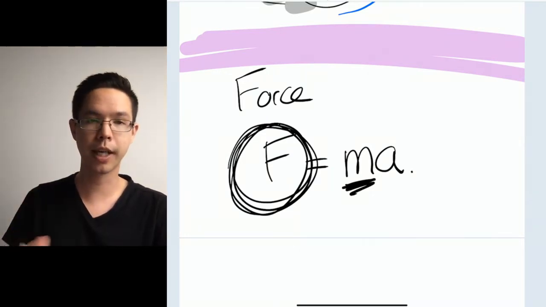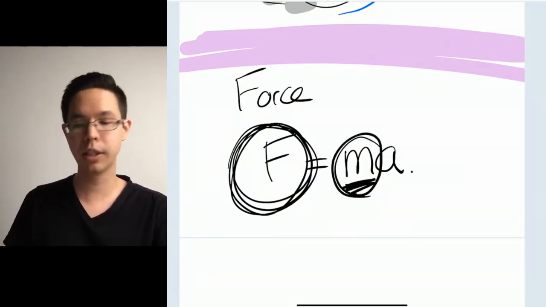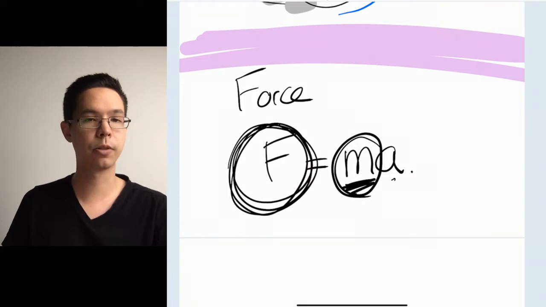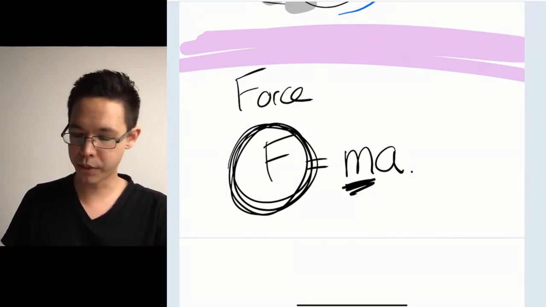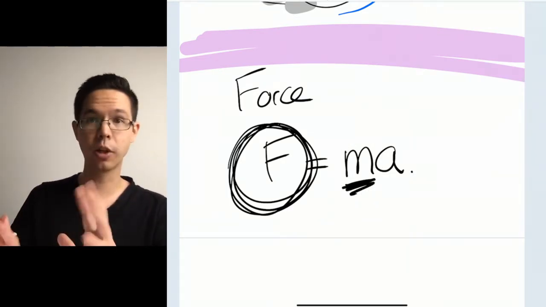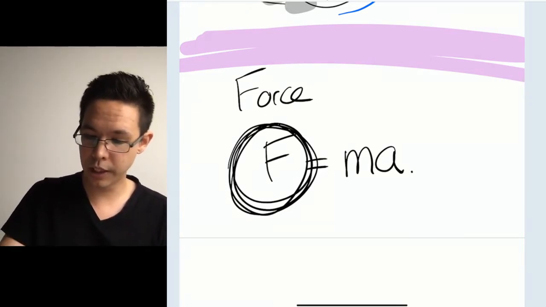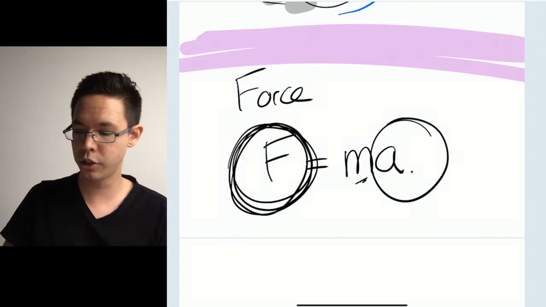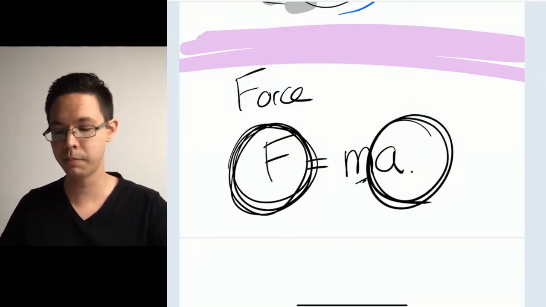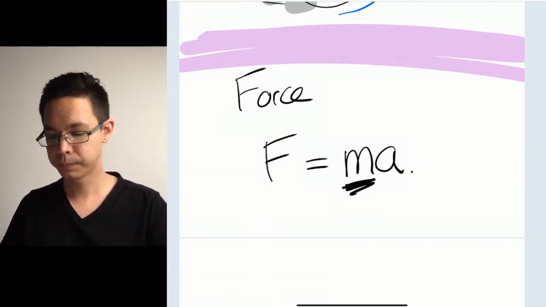But vice versa, if I push with all my strength and the shopping trolley is practically empty, so I've only got a little bit of mass, I'm going to get a huge acceleration out of that object.